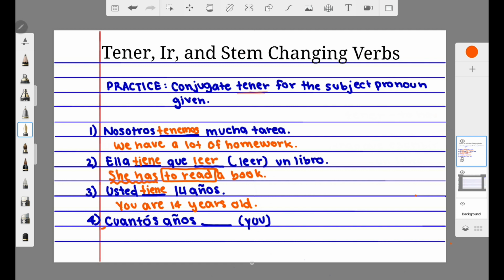And this was actually a question. ¿Cuántos años blank for you? It's just tienes, and this means how old are you? Or literally, how many years do you have?